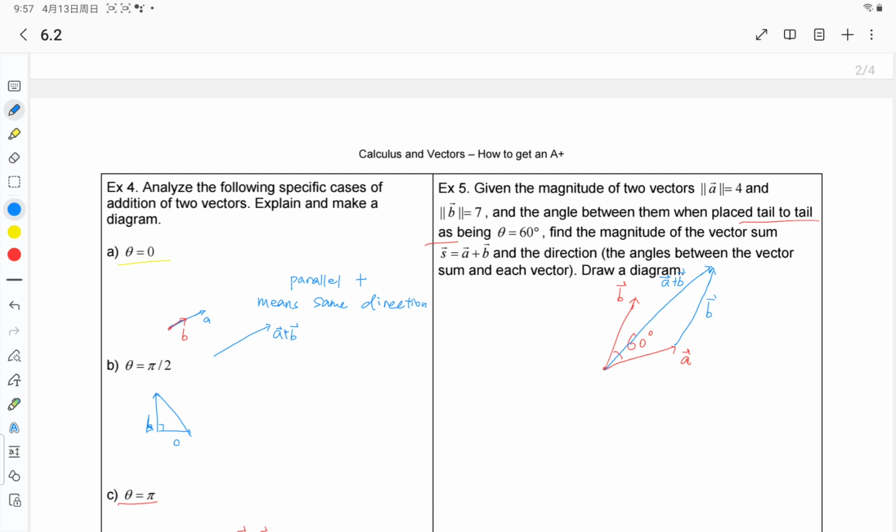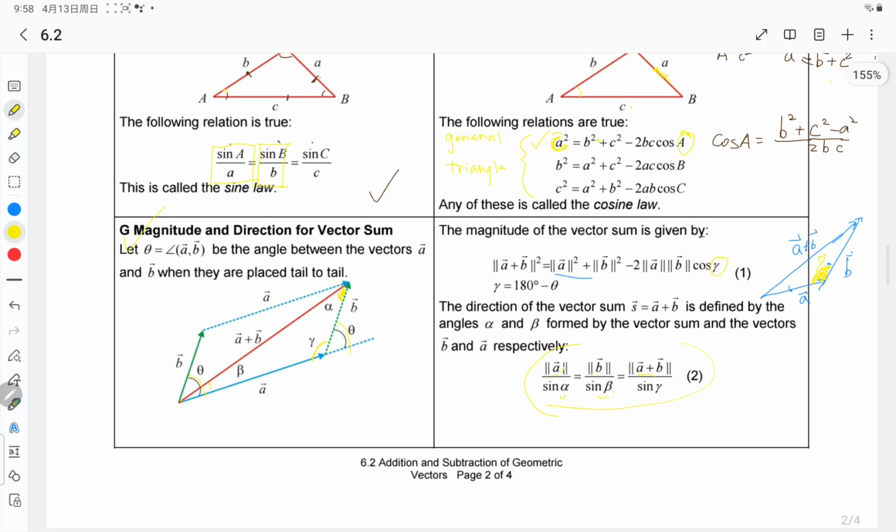Okay, so again, it's the same trick as here, right? It seems like it's asking a question according to this rule.